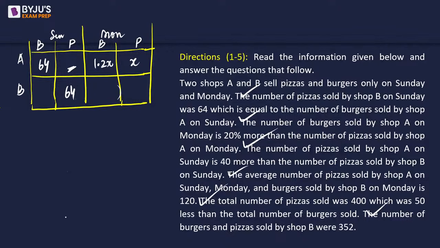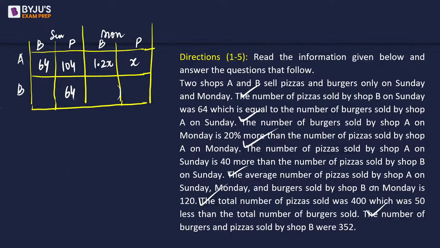Okay. So if this is 64, obviously this is going to be 40 more, right? So this is 104. These are straightforward values.